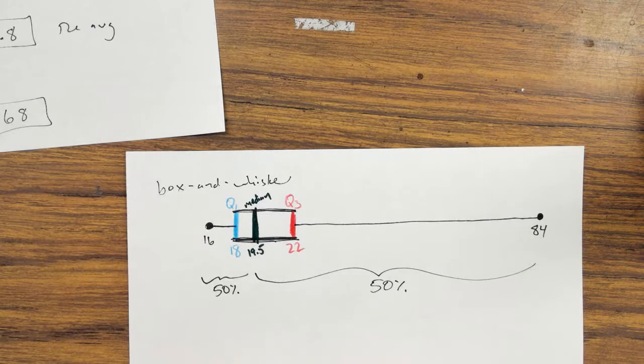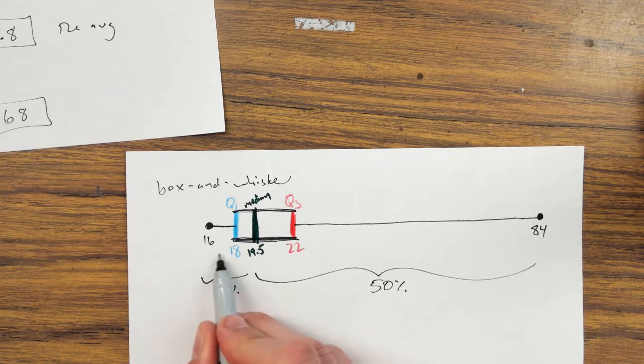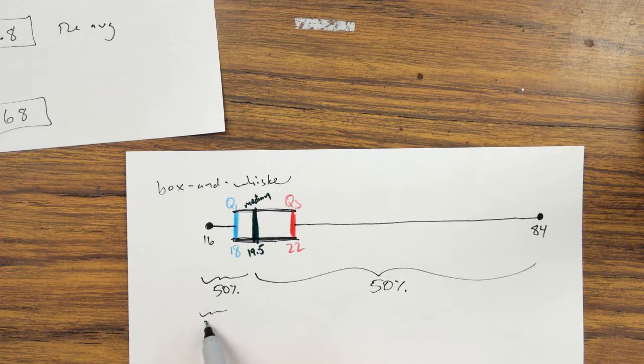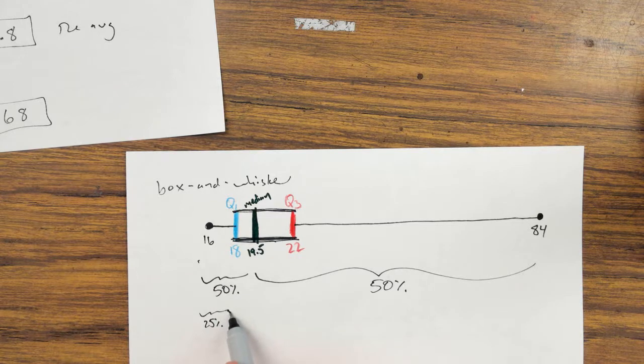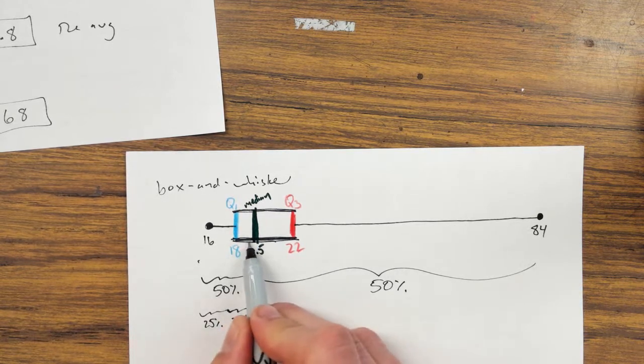What else does this say? This also says between 16 and 18, 25% are between 16 and 18, and the other 25% are between 18 and 19.5.